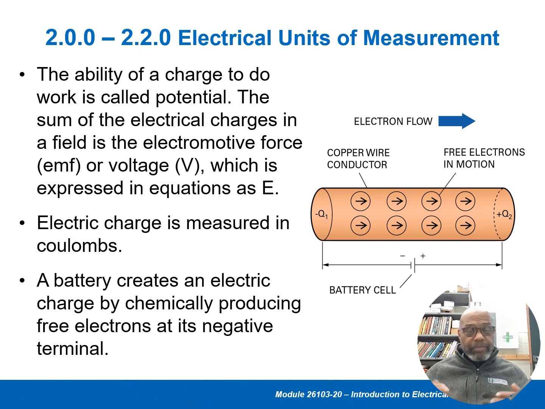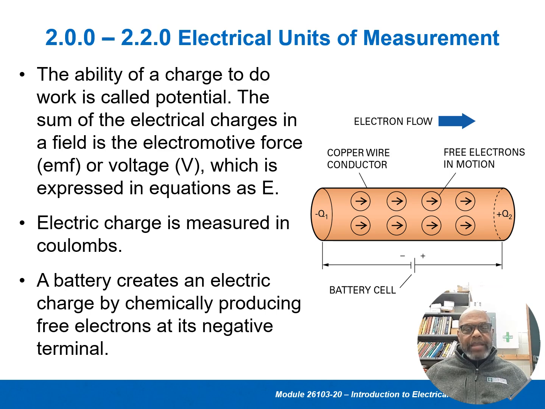In 1 second, it's traveling that much. Electricity flows at a very high speed, close to the speed of light, which is over 186,000 miles per second. That's why it can heat up a wire if too much current is going through, and can cause the wire to melt, burn, or be destroyed.